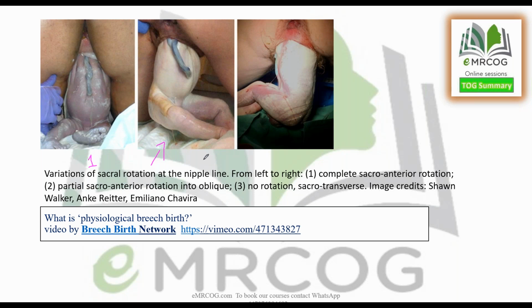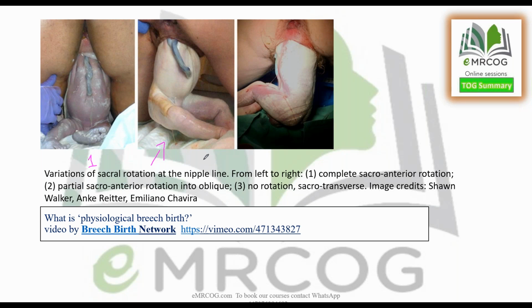In normal vaginal delivery in the cephalic presentation, remember the aim of the rotation is to bring the occiput anterior. So what is the aim of the rotation in breech delivery? The aim of the rotation is to bring the sacrum anterior. This is a normal, good position, sacrum anterior.